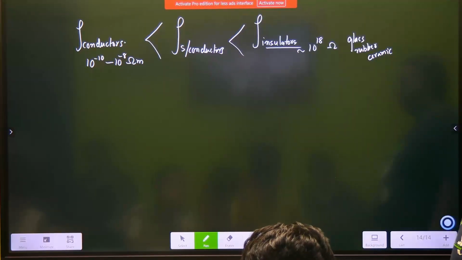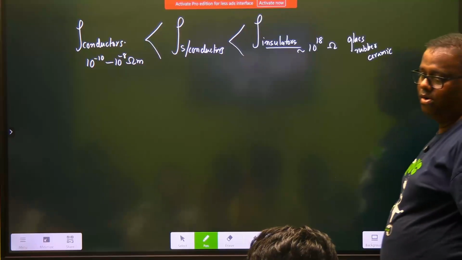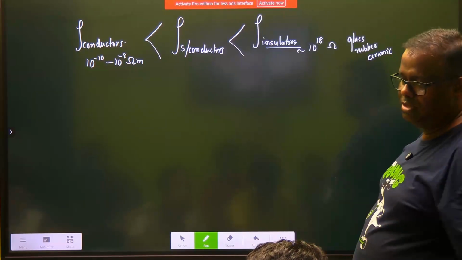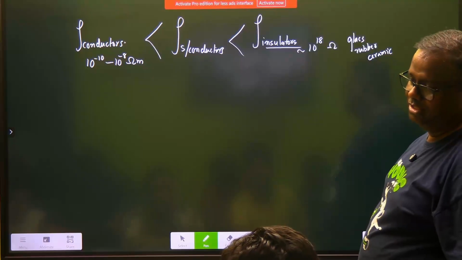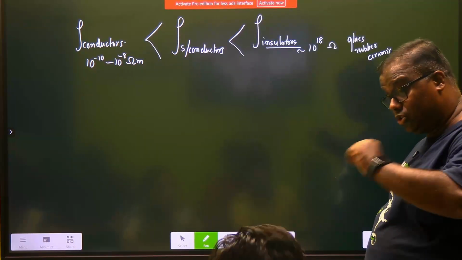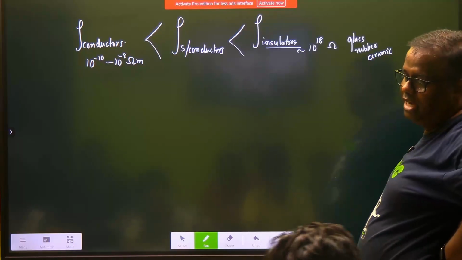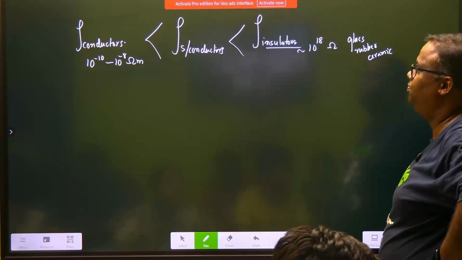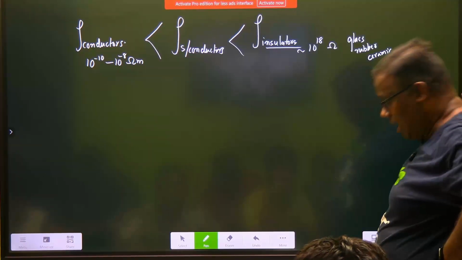Germanium, those are called semiconductors. What are semiconductors used for? The entire world of electronics, your phone, is semiconductors. All are sand. Your cell phone is also sand, end of the day.